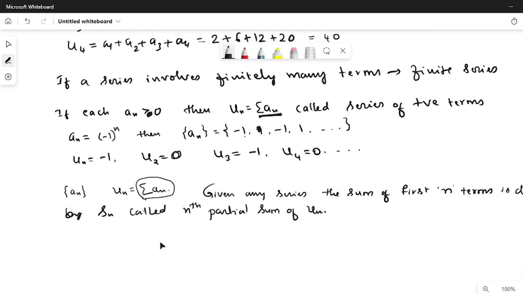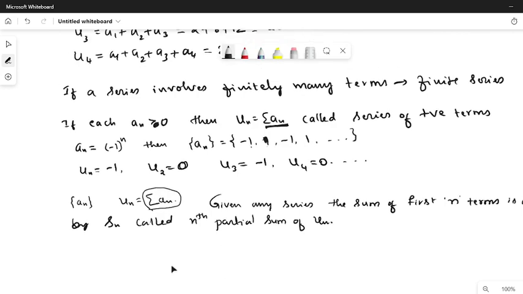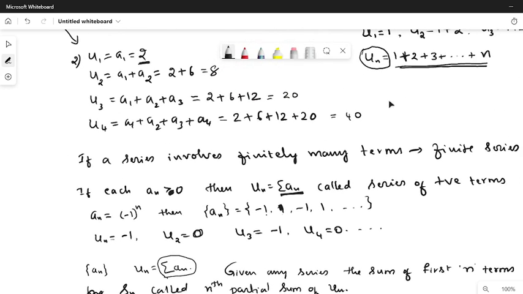To clarify for yourself, this u1 is nothing but S1, because you are adding the first term, there is only one term, nothing to worry. a1 plus a2 means you are adding the first two terms, so this is nothing but S2.